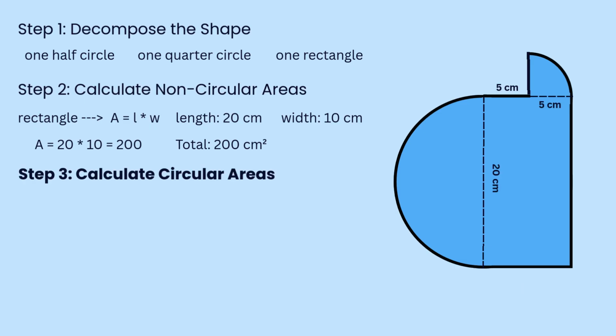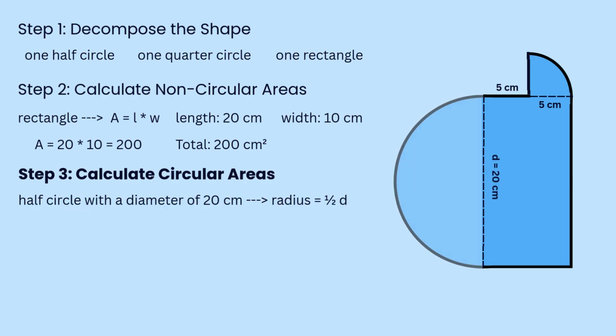Now let's calculate the areas of the curved pieces, the half circle and the quarter circle. We need the radius to find the area of the half circle, but we are given the diameter. The diameter is 20 centimeters, which means its radius is half of that, or 10 centimeters. To find the area of the half circle, we plug the radius into the formula 1/2 times pi times the radius squared, which equals 50 pi centimeters squared.